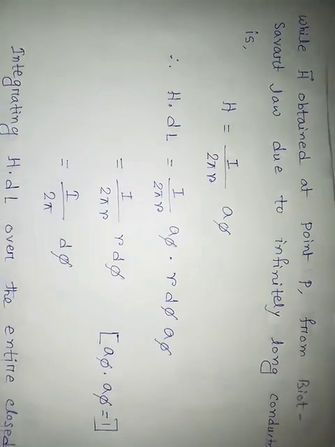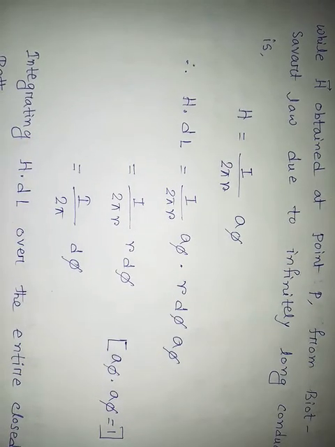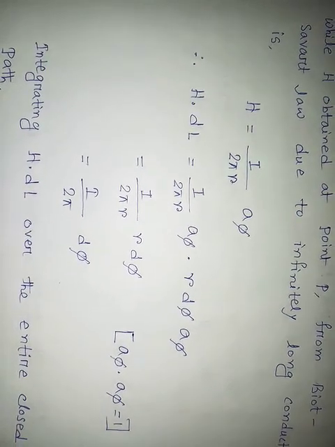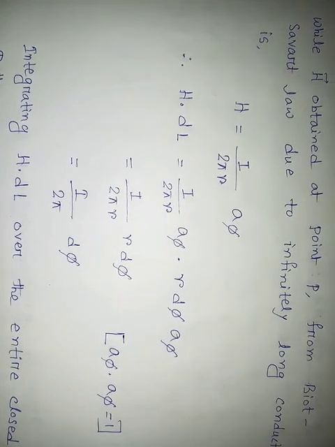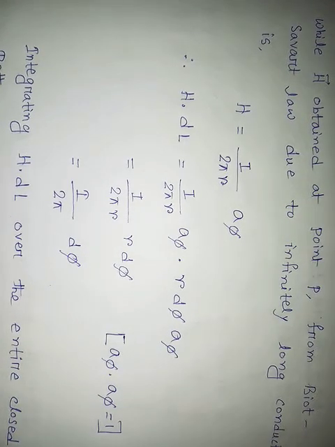Now see, from Biot-Savart law we identify that our magnetic field intensity is equal to I divided by 2 pi r along phi. We multiply both sides by the differential length dl.